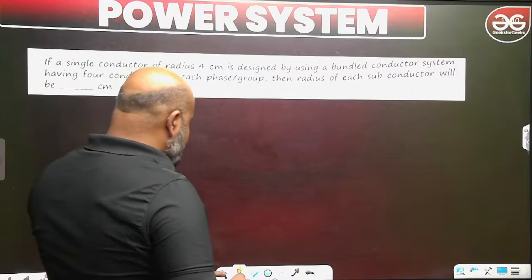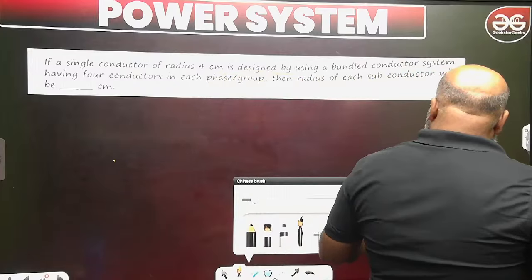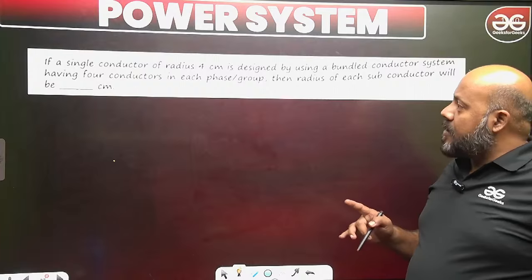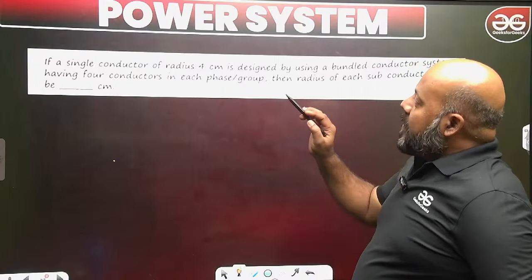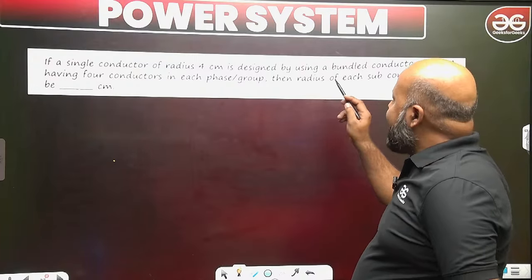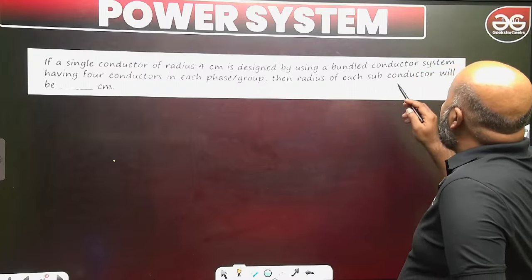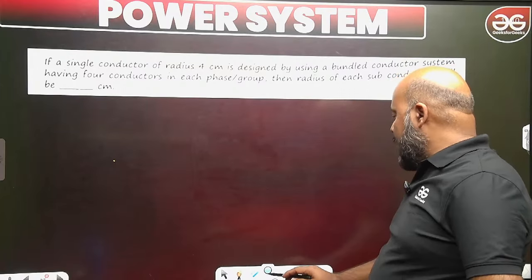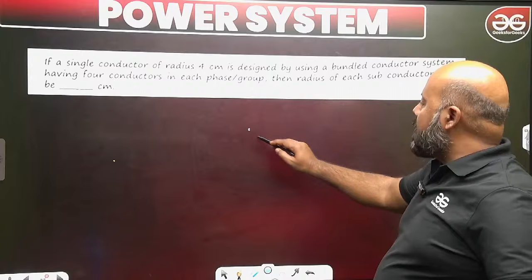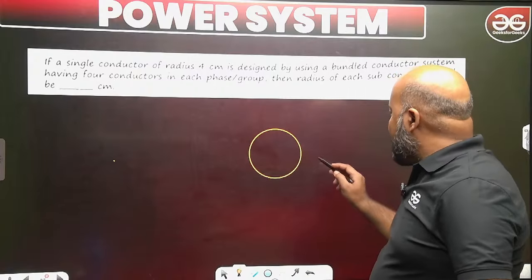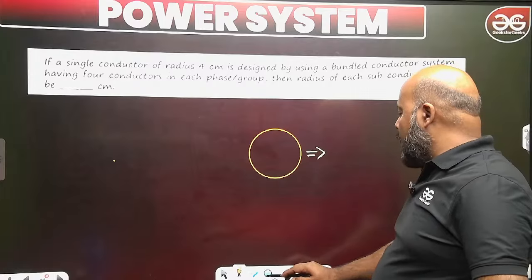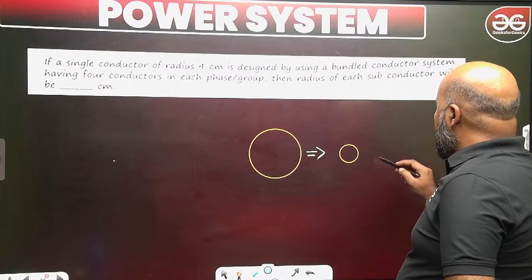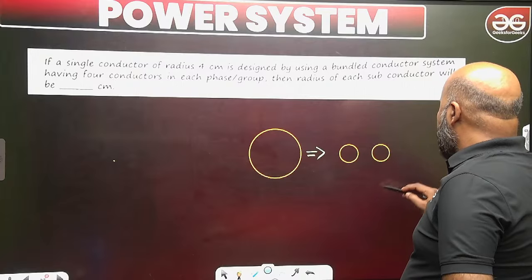Just see this question and do it very fast. Bundled conductors, we have discussed it yesterday, na? If a single conductor of radius 4 cm is designed by using a bundled conductor system having 4 conductors in each phase or group, it means initially you are having this conductor, and this conductor is transformed into a bundled conductor having 4 subconductors.